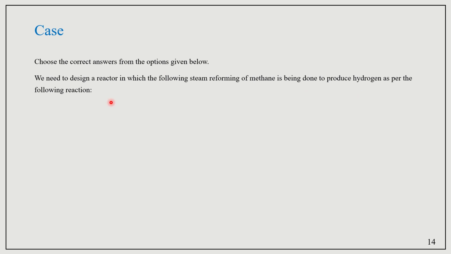So we are asked to design a reactor, and the reaction is a steam reforming of methane and the end product is hydrogen. So the reaction is methane plus water plus 206 kilojoule per mole of heat gives carbon monoxide plus hydrogen.